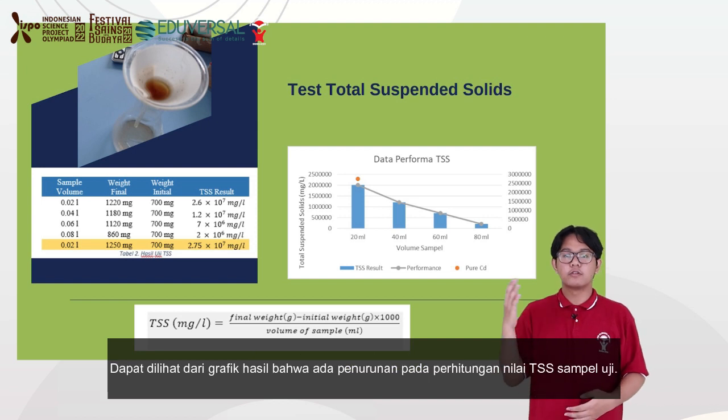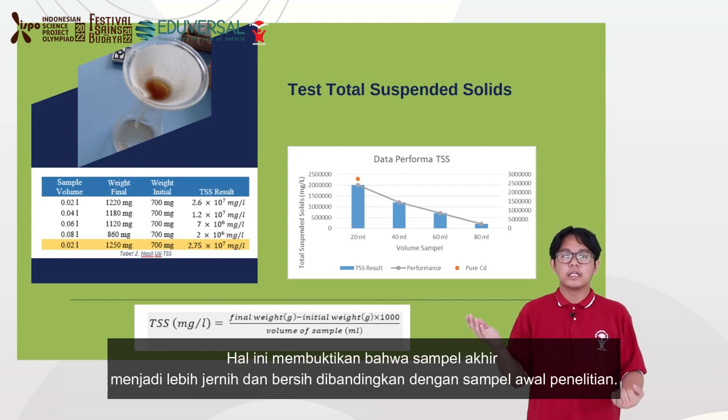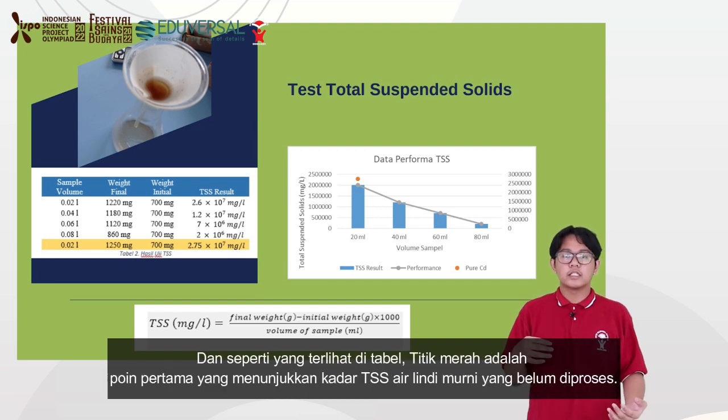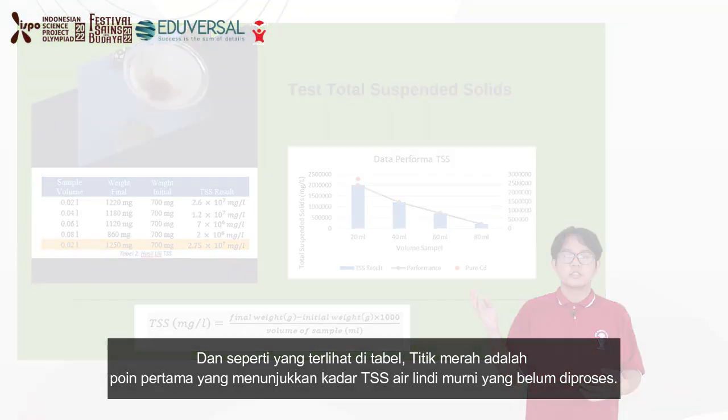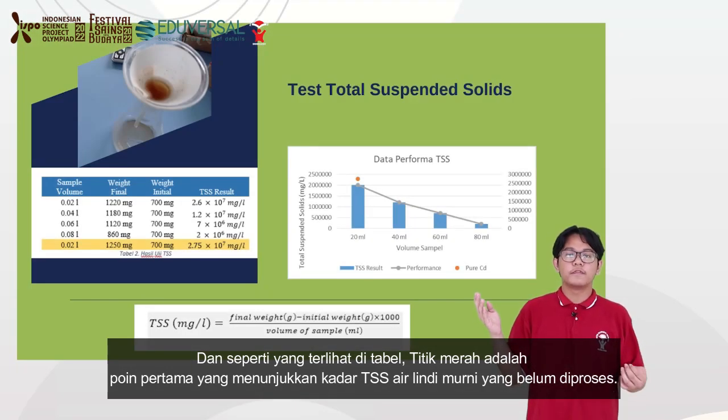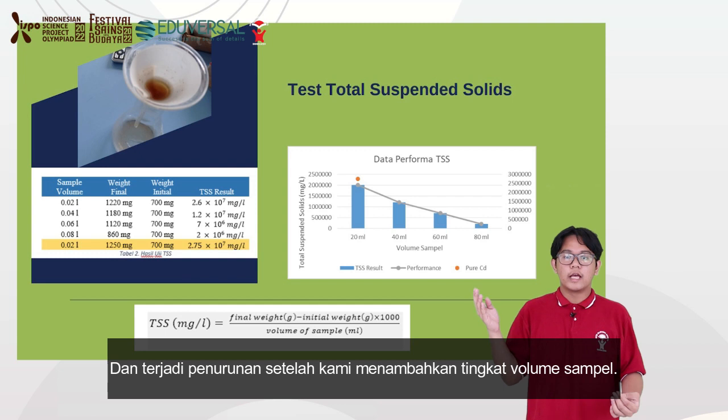As we can see from this graph, there is a decrease in suspended solids from our sample. That means that our sample is clearer than the first one. And as we can see, the red dots are the point of the first cadmium levels, and there is a decrease after we put more and more volume of the sample.